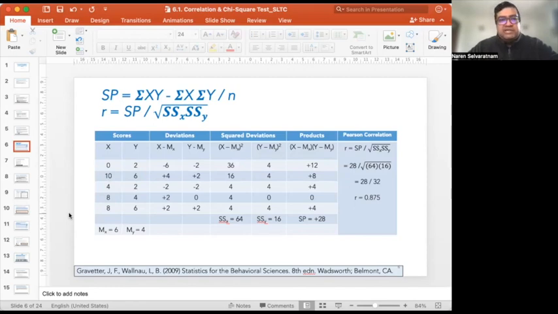So, what's the calculation that you want to do? First, you have to calculate the average of these numbers. For the first variable, which is x, 0 plus 10 plus 4 plus 8 plus 8. So 10 plus 4 is 14. 14 plus 8 is 22. 22 plus 8 is 30. So 30 divided by 5, the answer is 6.